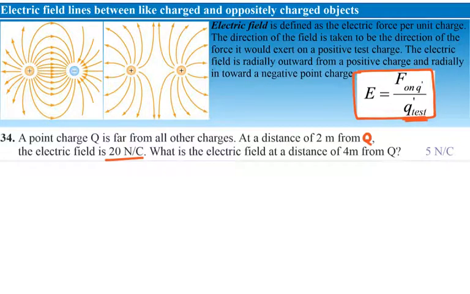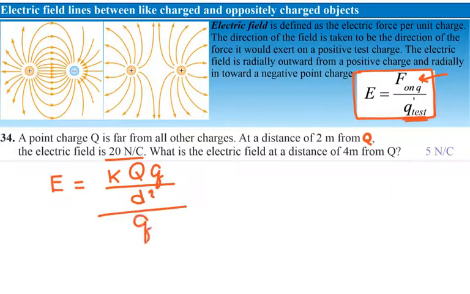So I'm going to solve for F, plug in Coulomb's Law right here, and have electric field is equal to, instead of force, Coulomb's Law. So I have K, Q is the source, and then let me write it the way they give it to you, and then the test point where I'm testing how strong the electric field is at that point, distance squared, and all of it divided by q. So this is where I'm measuring my electric field.